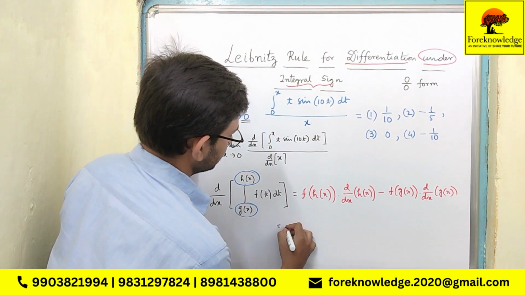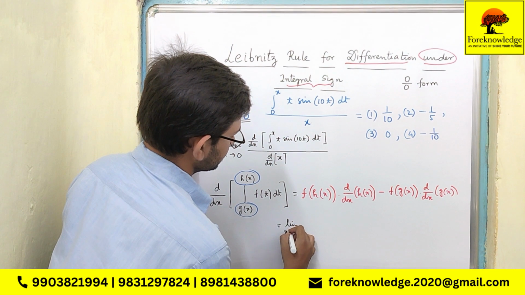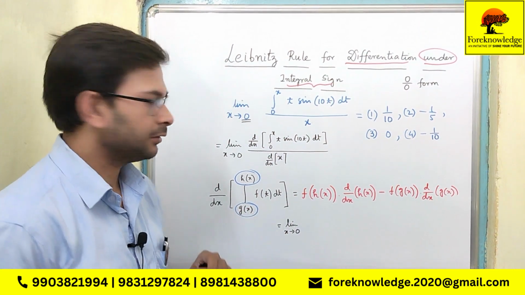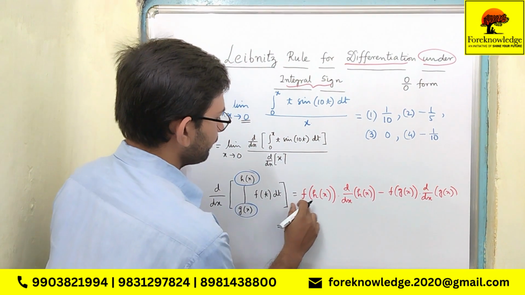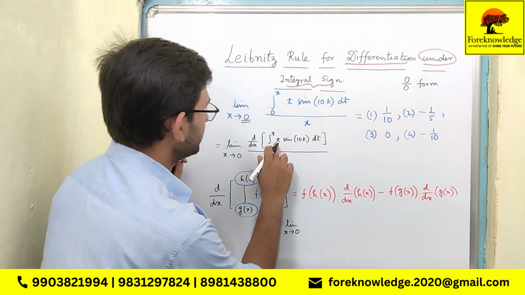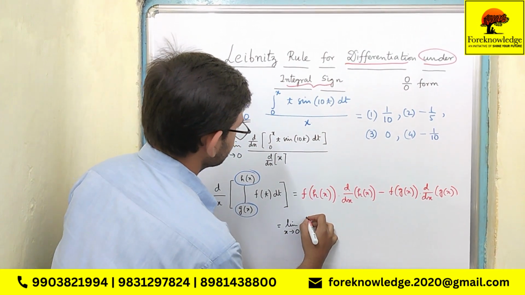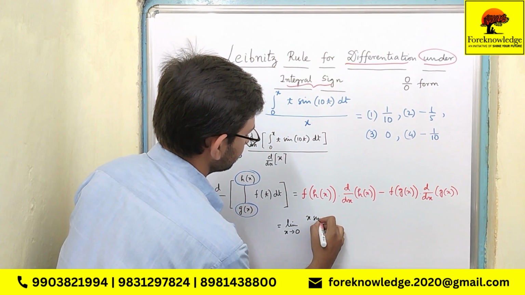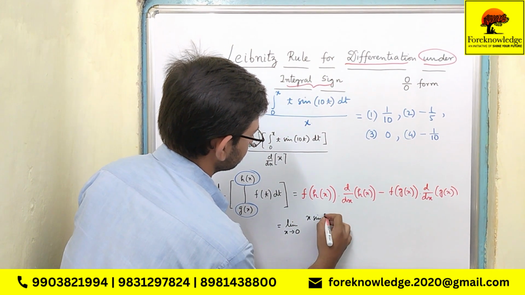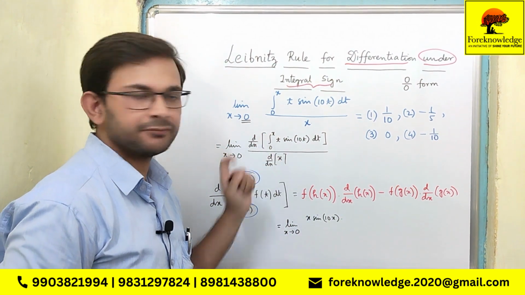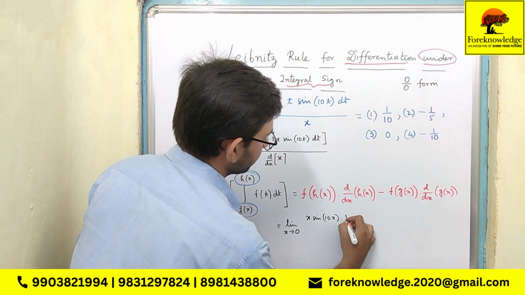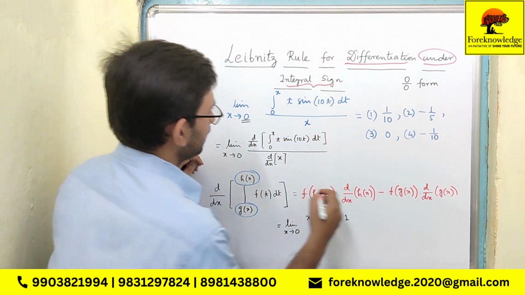So this is equal to limit x tends to 0. What is the upper limit here? x. So f of upper limit, f means t sin 10t, so x sin 10x into derivative of upper limit, that means derivative of x. Derivative of x is 1. Simple.